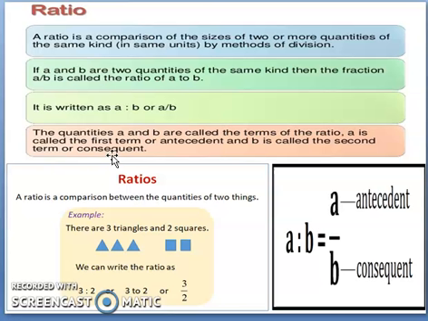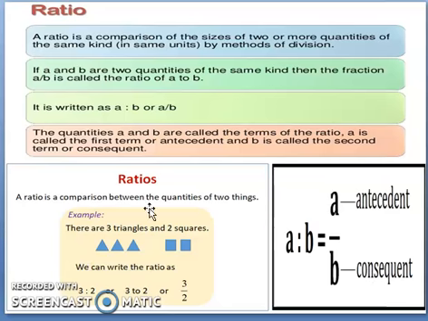A is called the first term, or antecedent, and B is called the second term, or consequent. So A is to B equals A upon B. Like this we write. Here A is the antecedent and B is the consequent.